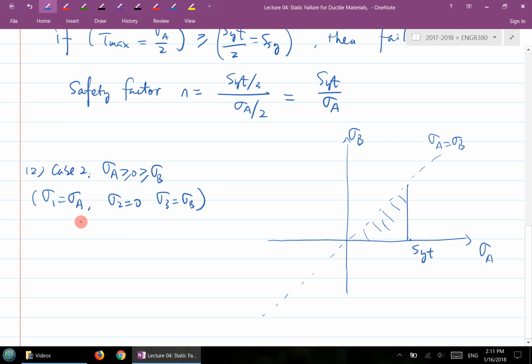And now your tau max is the same thing, sigma 1 minus sigma 3 over 2, and now it's sigma A minus sigma B over 2. That's your tau max.